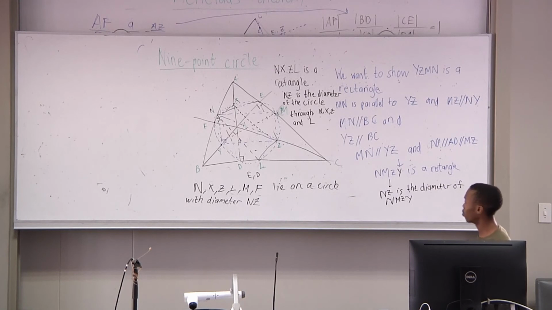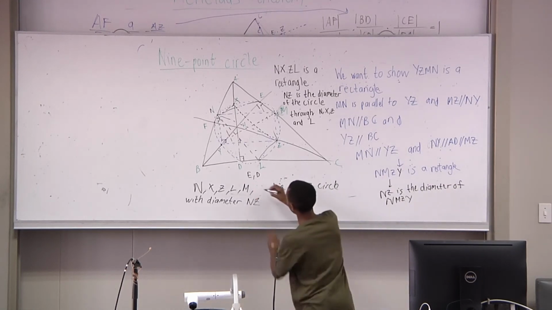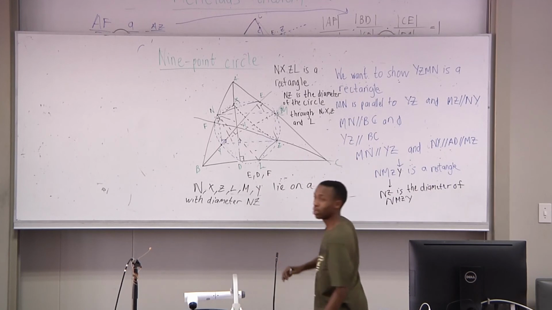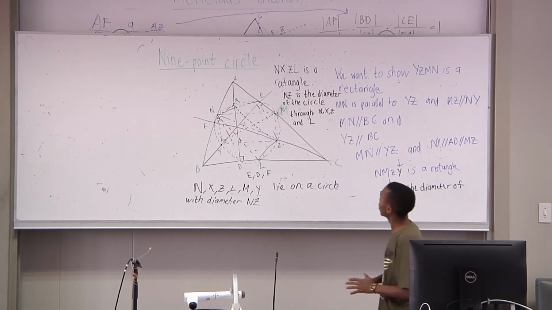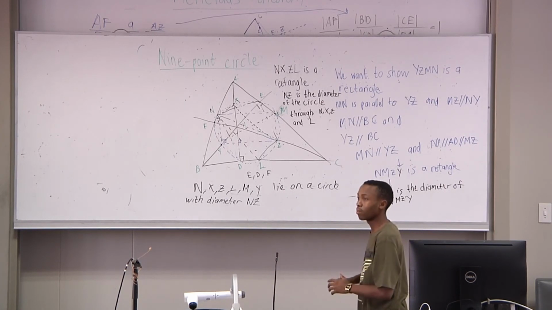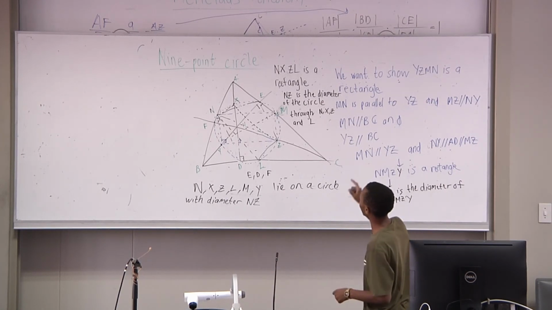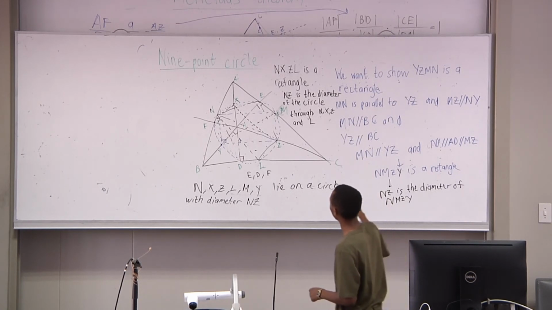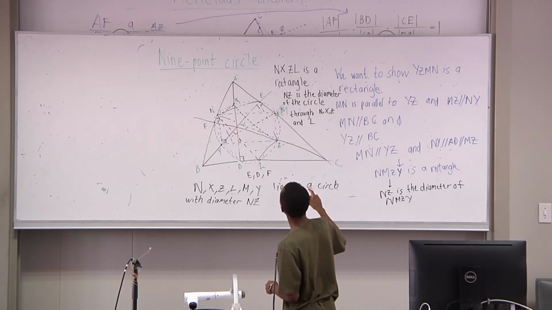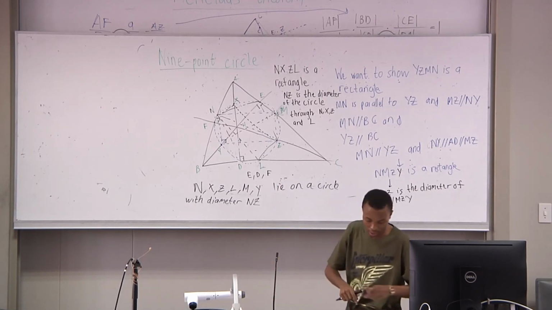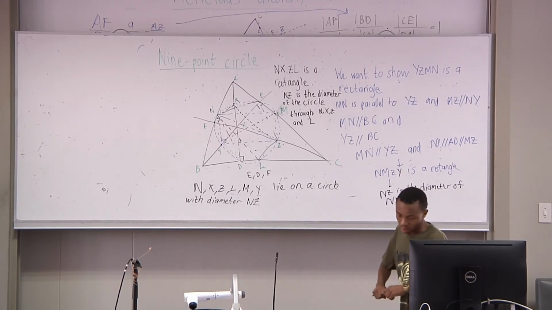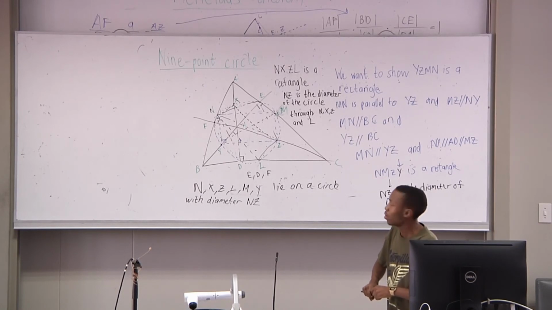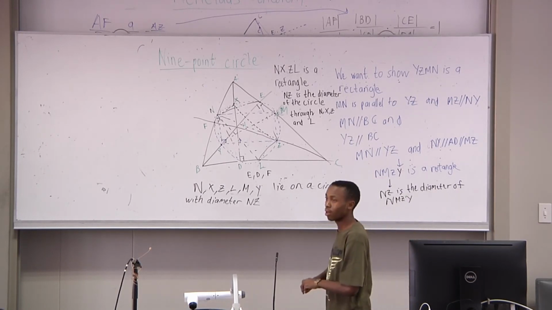Okay, sure. What you want to show is that E, D, and F are also on this circle. It's clear right here. Don't you just prove that by the converse of the angle in a semicircle from the same point?